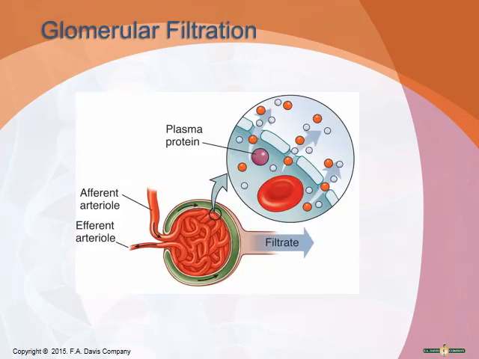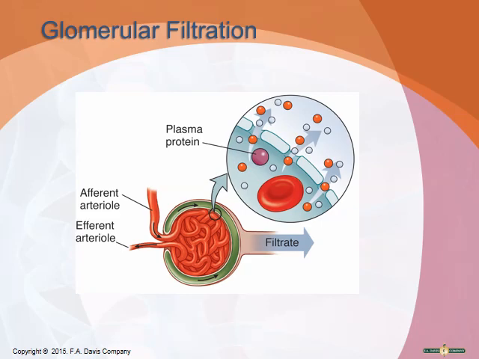So this slide shows the corpuscle. It shows the afferent bringing blood into the glomerulus, efferent leaving the glomerulus, and you see that the Bowman's capsule surrounds the glomerulus. So because of that pressure, you see in the bubble picture that things get pushed from the glomerulus through pores in the capillaries into the capsule.